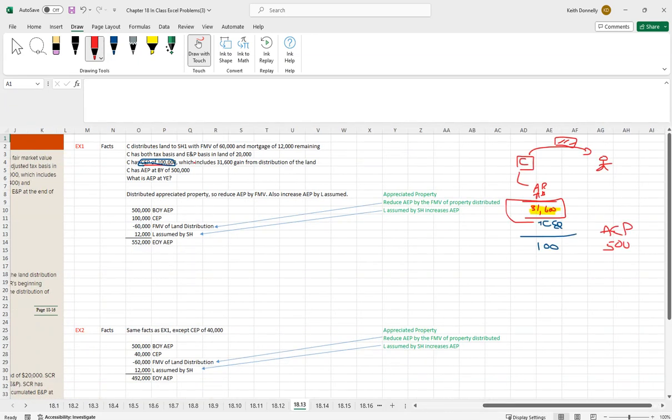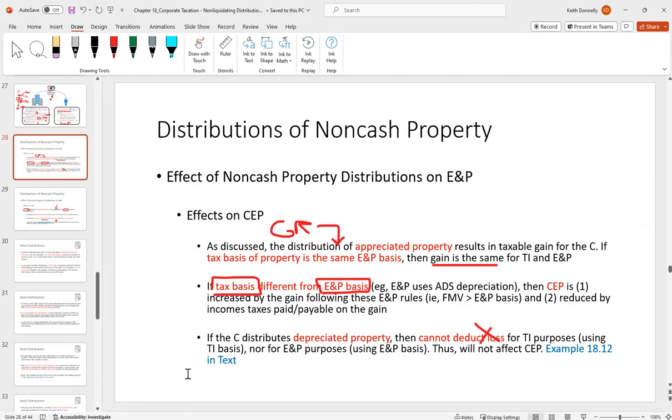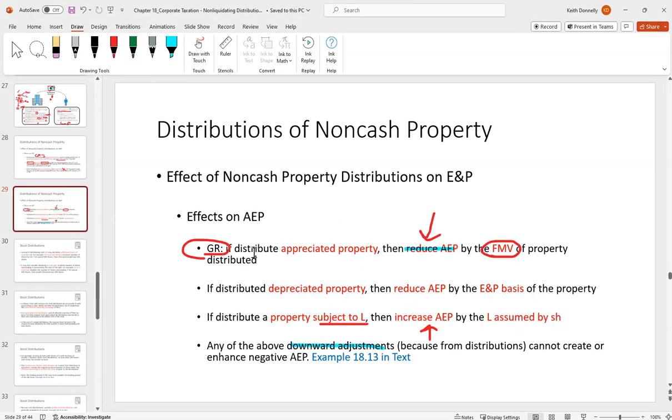So we have appreciated property that we distributed. There was a gain on it. So the general rule is you're going to reduce AE&P. Well, there's an implicit thing here first, like step 0: increase CEP for gain, from AR minus AB.